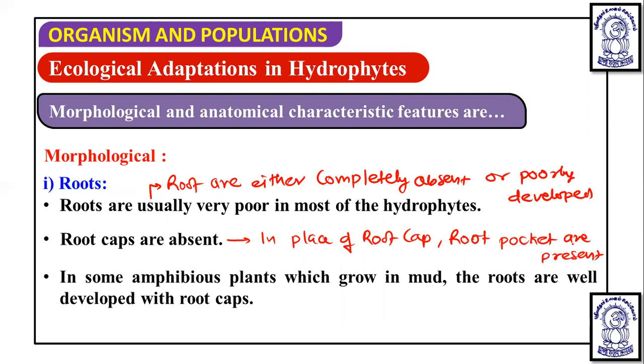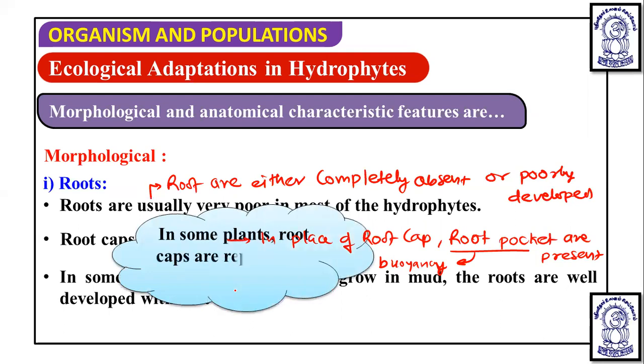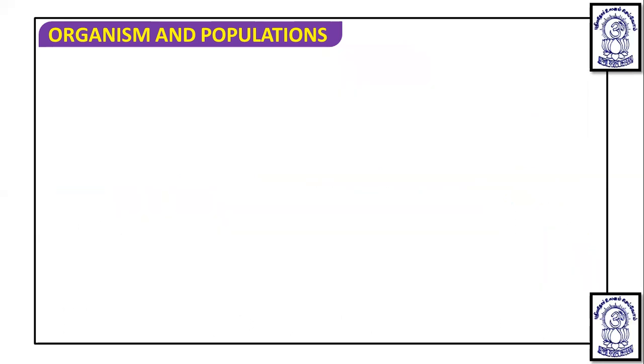Root pockets are non-functional root caps, and they provide buoyancy, so they are known as balancing organs. So this is what is seen in the case of the root. In some plants, root caps are replaced by root pockets, as we have discussed.